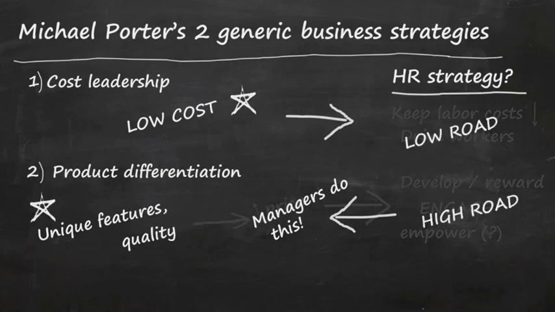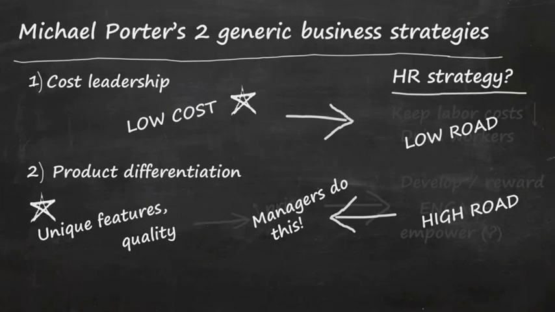Okay, now to tie this back to the previous lesson, we characterized these initial HR strategies as low-road strategies and the second category as high-road strategies. And if you recall the contrast between Sam's Club and Costco, now we can see more clearly where those HR strategies are coming from.